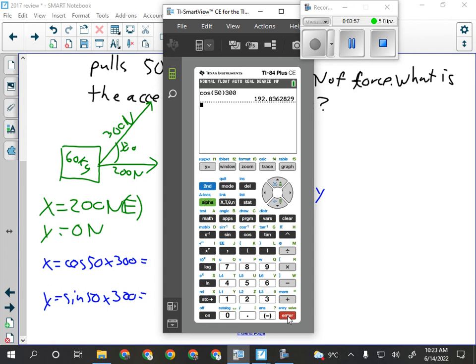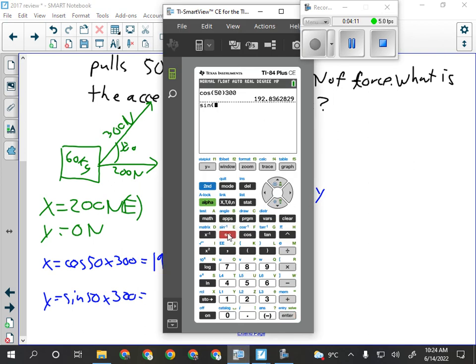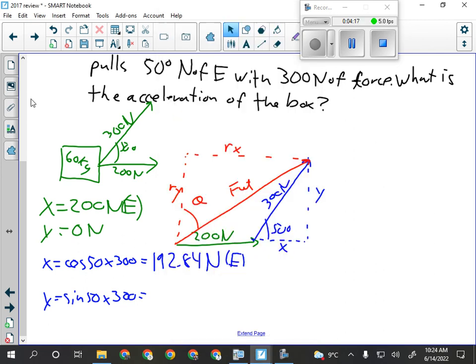So x is 192.84 newtons, and that is east. Then the sine of 50 times 300 should be 229.81 newtons, and that will be north.